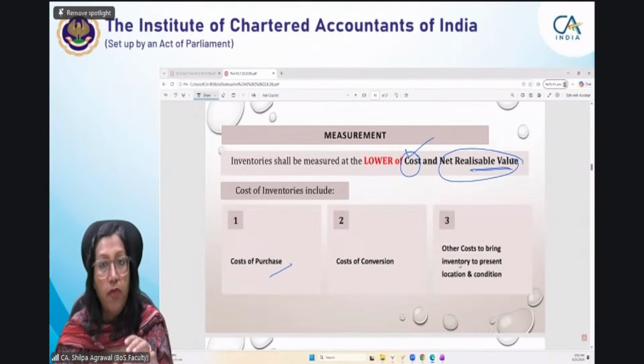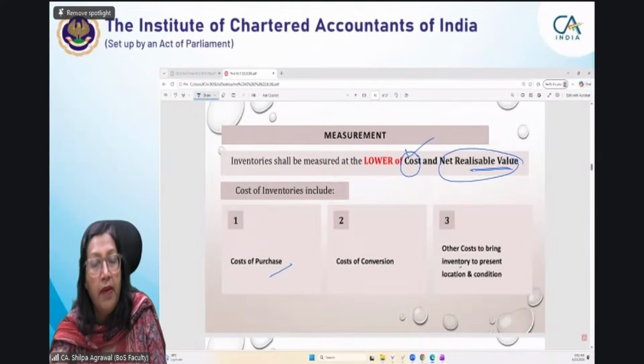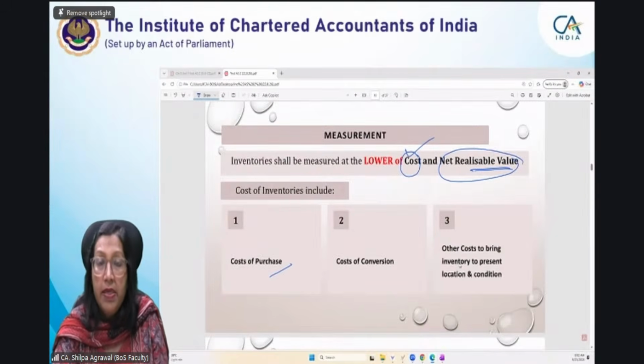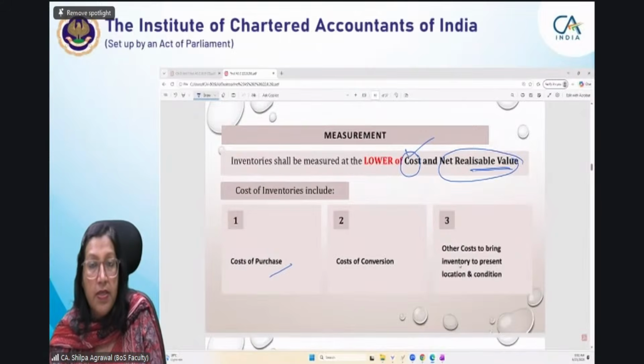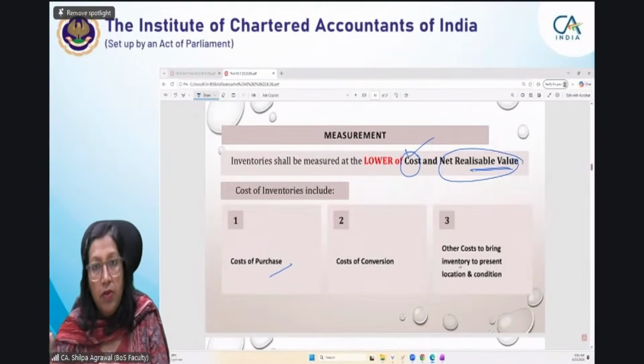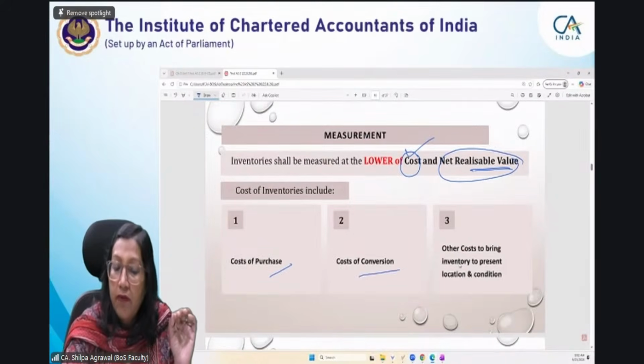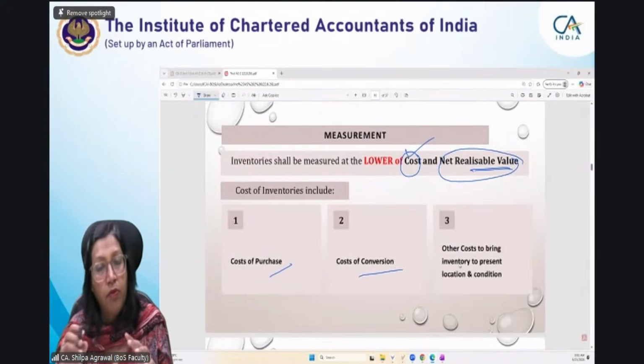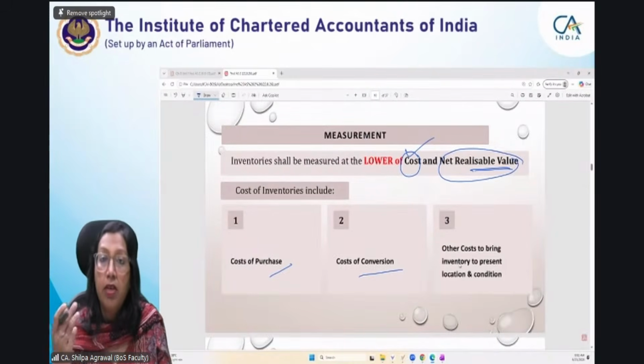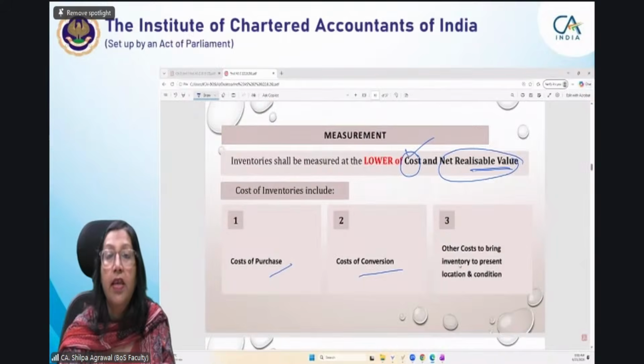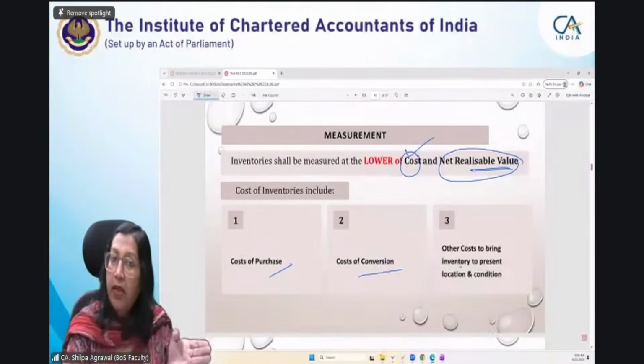But besides that, you have to incur other costs to bring it to its location or present condition for sale. So we say cost of conversion. This term is mostly used when talking about manufacturing products: raw material converted into finished goods.